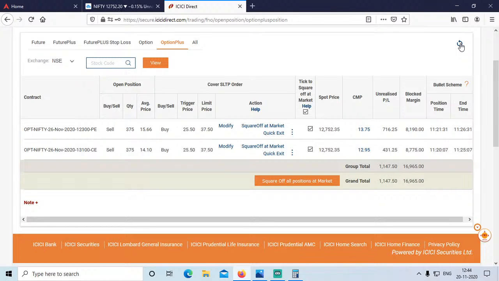Why? Because once we initiate the trade, today I started around 11 a.m. From 11 a.m. to 12 p.m. is the crucial or critical period. Within that 1 hour, the market should not move big up or big down.